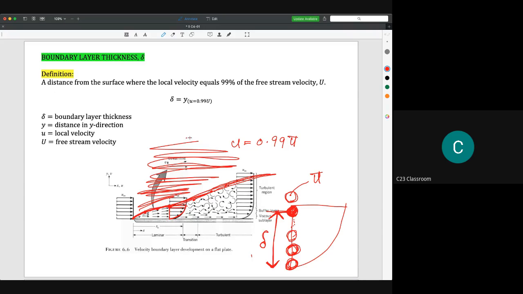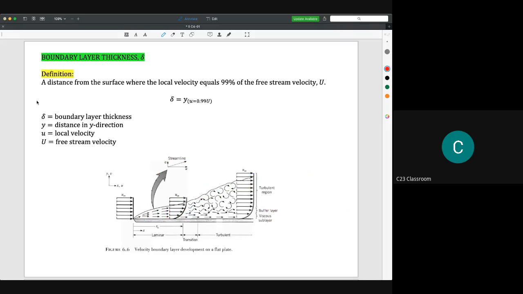First you need to understand that boundary layer thickness is the physical thickness, so we could measure the thickness of that layer. It is measured vertically, on the y-axis. This is the y-axis.